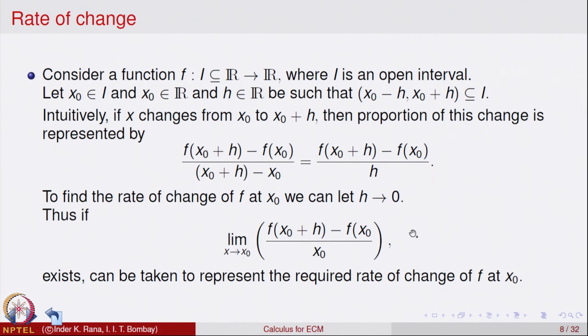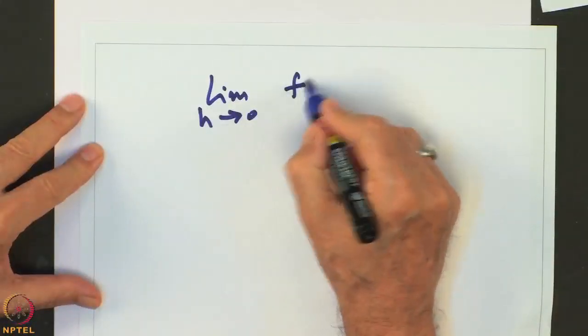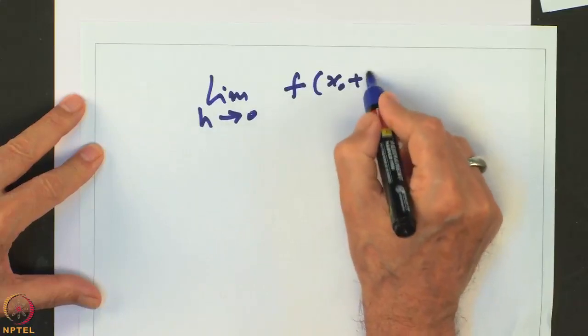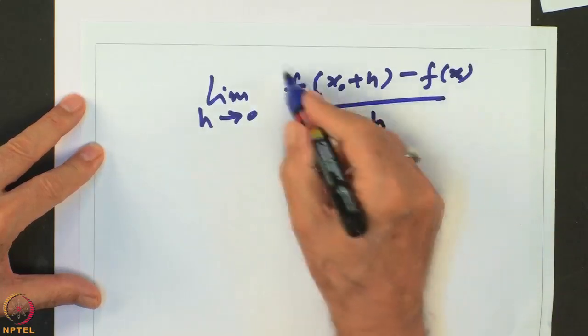We should be looking at the limit as h goes to 0 of f of x naught plus h minus f of x naught divided by h.